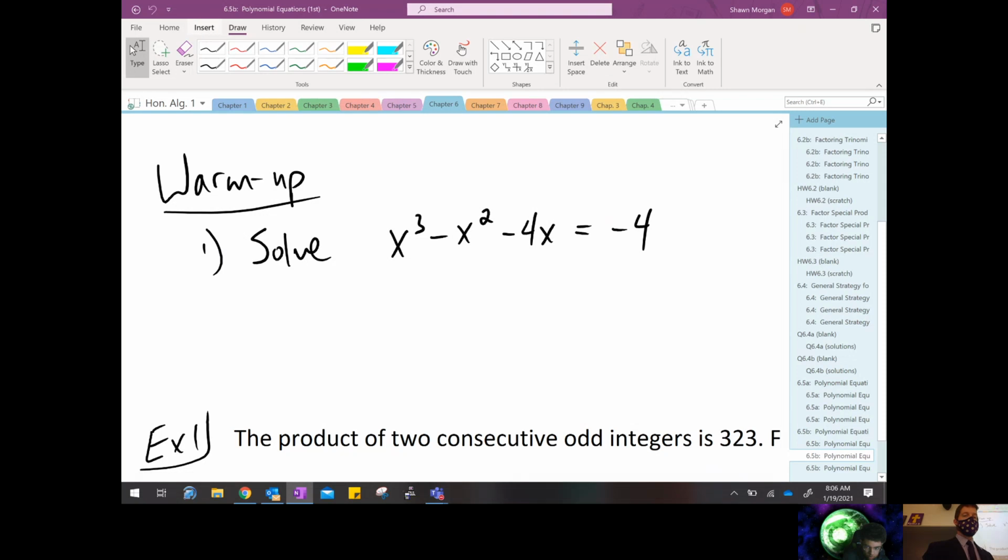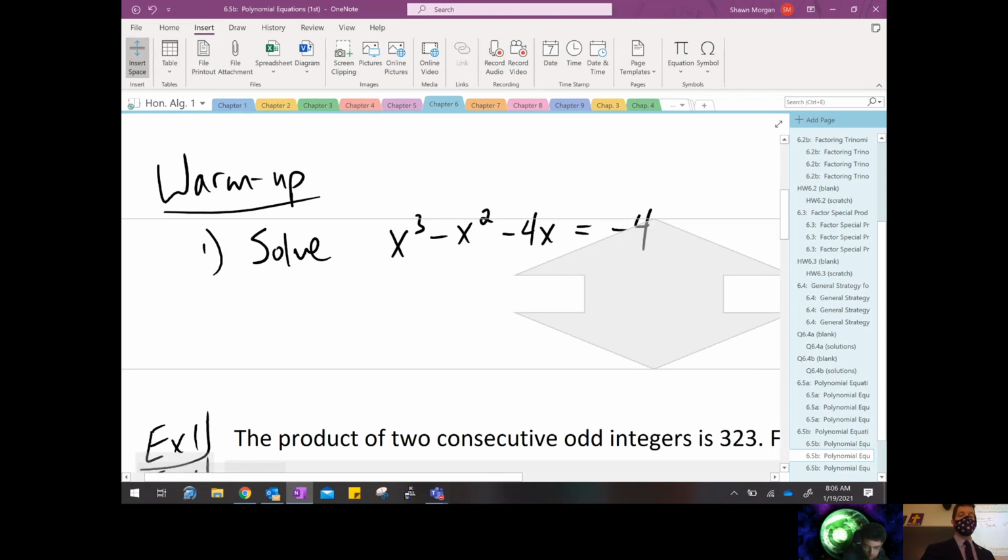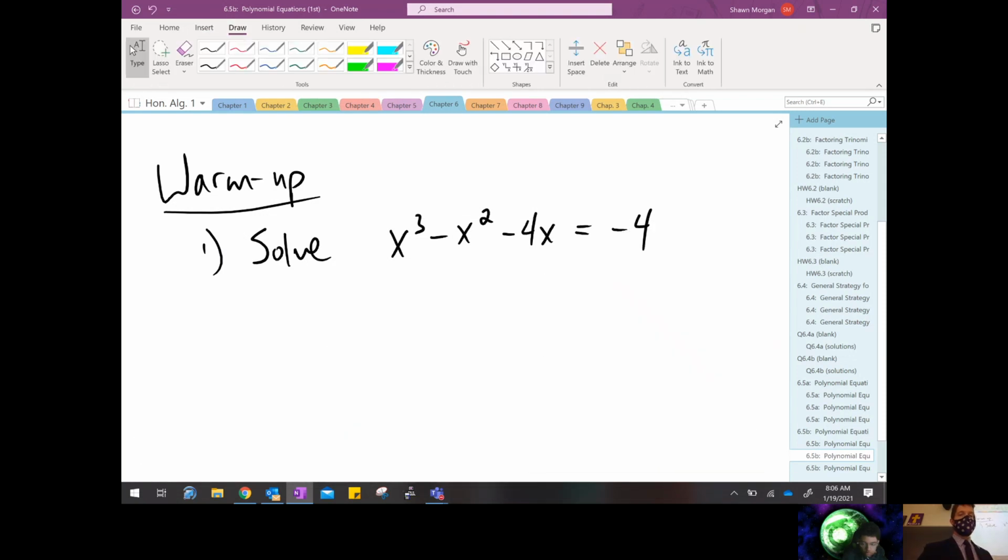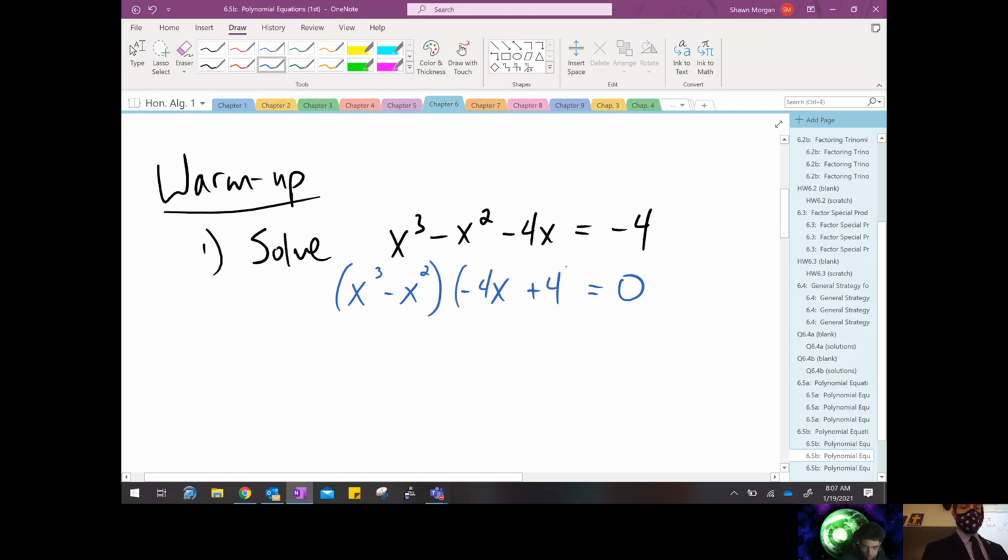Oh, actually, I do want to know what the math thing is here. So we said, add 4 and group. Quinn, do you have 2 good-looking groups for me? In other words, the first 2 and the last 2.